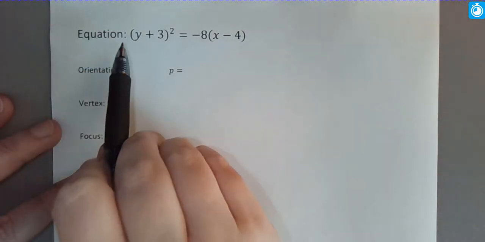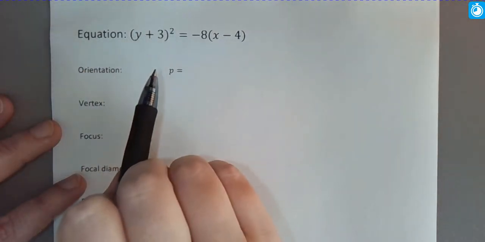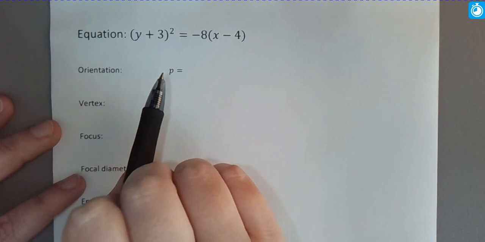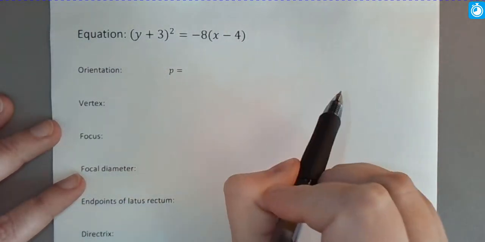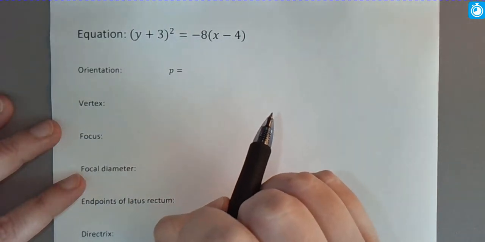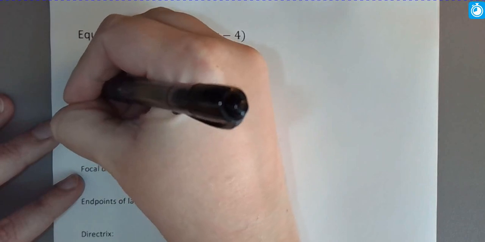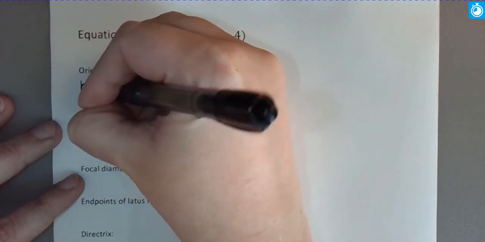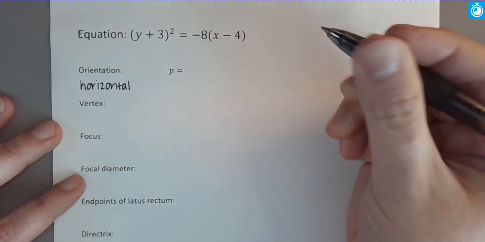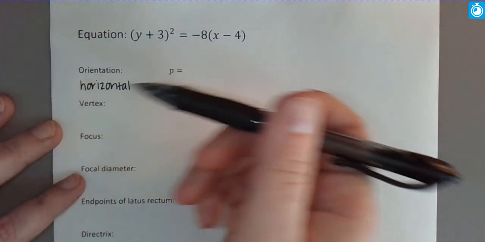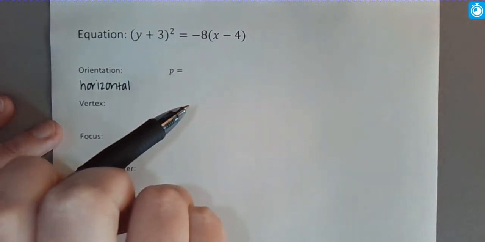Now for our equation, y is squared. So rather than opening vertically, we're going to have a graph that opens either to the left or to the right. Okay, so we know this is going to be a horizontal parabola rather than a vertical parabola. Now the other determination we need to make is in which direction, opening to the left or to the right.